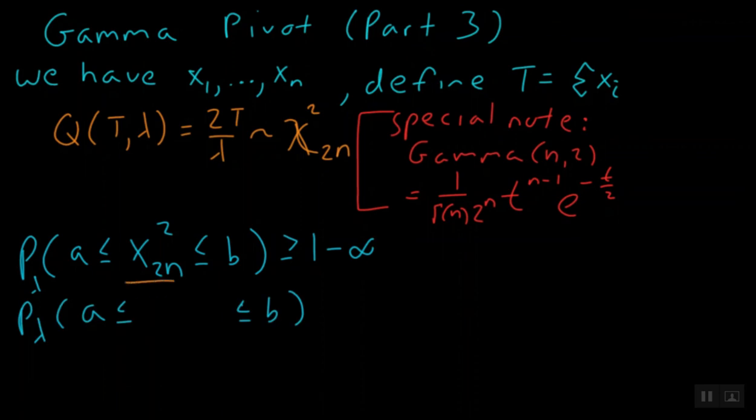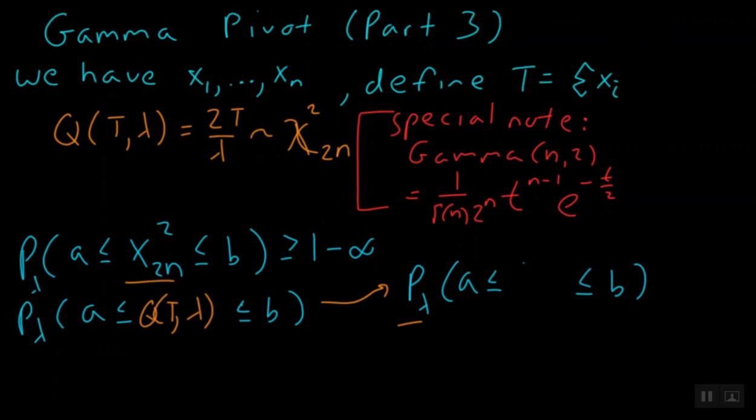We can replace this chi-square distribution with our pivot quantity, and then make a further substitution, taking the probability with respect to lambda of A less than or equal to, replacing our pivot quantity with 2T over lambda.